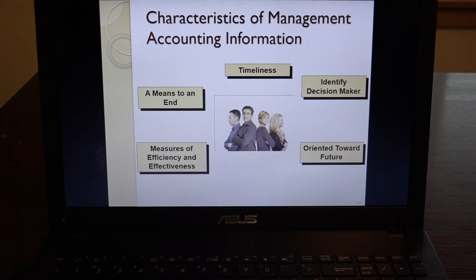Note here that the information, especially when it comes to budgeting, which we'll talk about, is oriented toward the future. A lot of these reports measure efficiency and effectiveness of a particular component of an organization. And just like with other types of accounting information, it's a means to an end. That end usually being making better decisions.